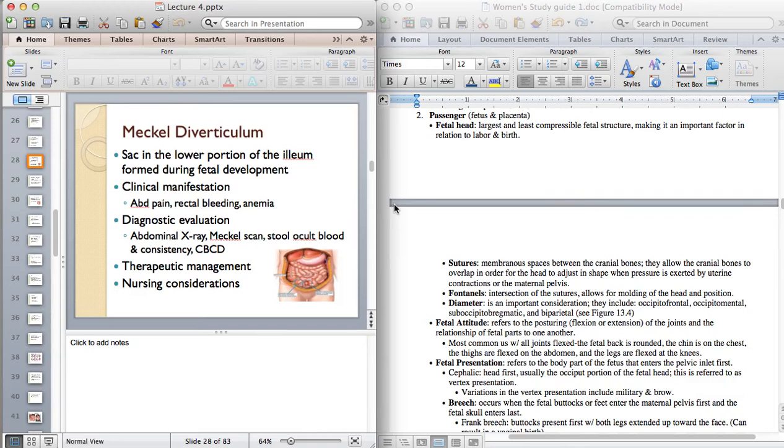Okay. Hirschsprung's disease, on the other hand, is where for some reason there is no nerve tissue in some loop of the colon, and that's called aganglionic megacolon.